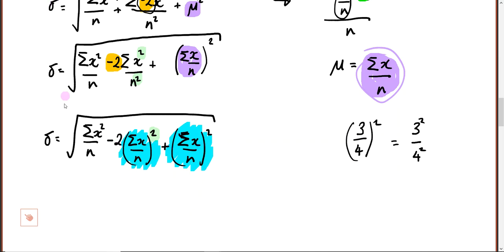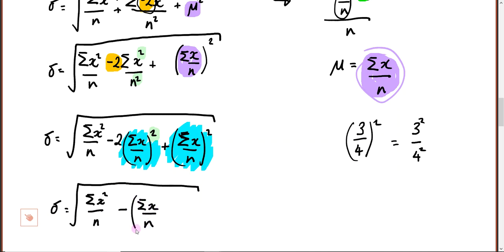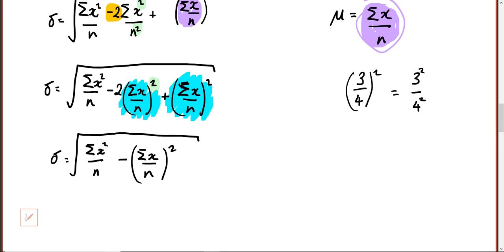So it ends up being not 0, oh wait, -1. So I end up with sum of x squared over n minus 1 lot of the sum of x over n squared. It's a long-winded process, but you'll see why we get there.